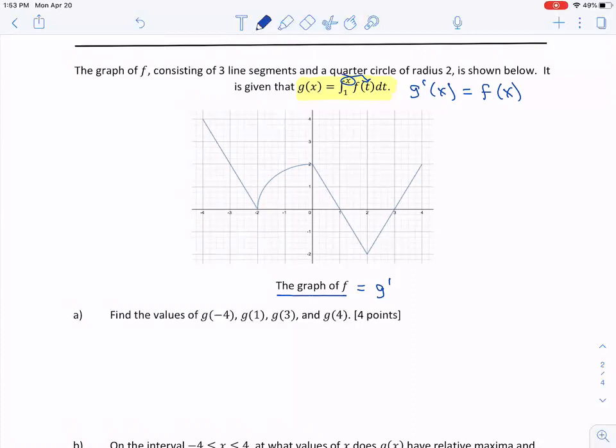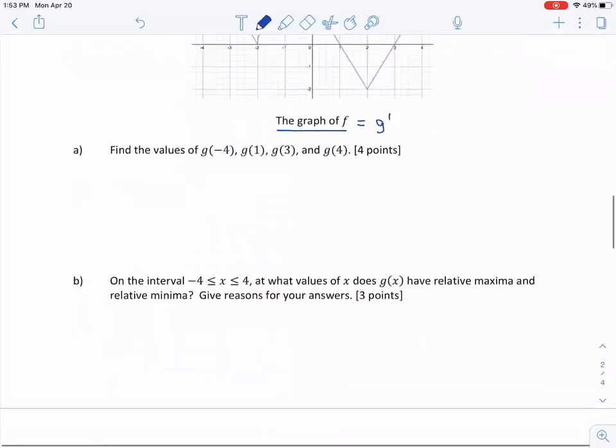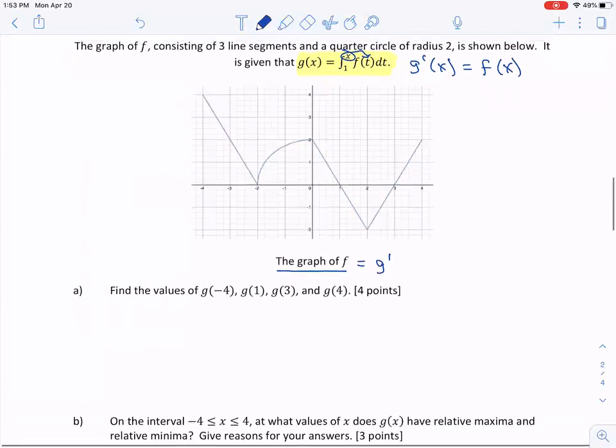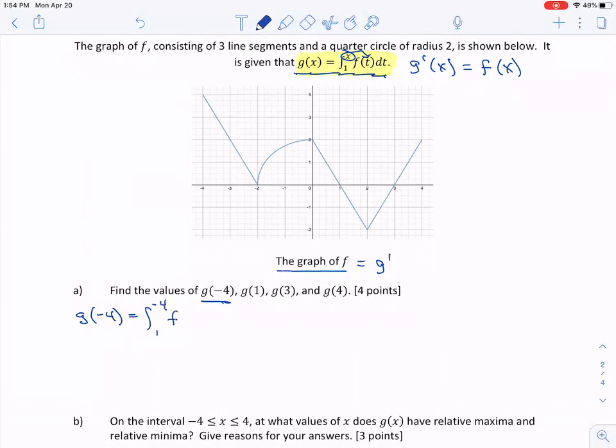All right. Part A asks for find the values of g at -4, g at 1, g at 3, and g at 4. Okay. Well, g at -4, I'm just going to copy down g at -4, and I'm just dropping it into my equation for g at x. So g at -4 is going to be the definite integral from 1 to -4 of f at t dt.